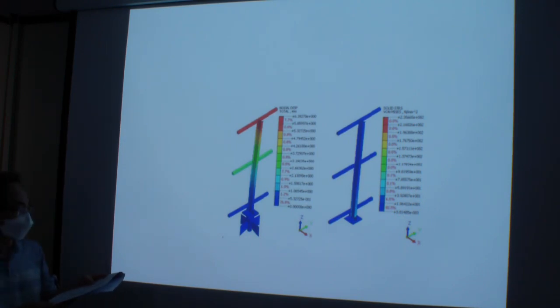The height of the soundproof wall was 3 meters. The H-beam spacing was 3 meters. The upper and the lower parts were integrated. As a result, the displacement distribution and the stress distribution were shown in this figure.